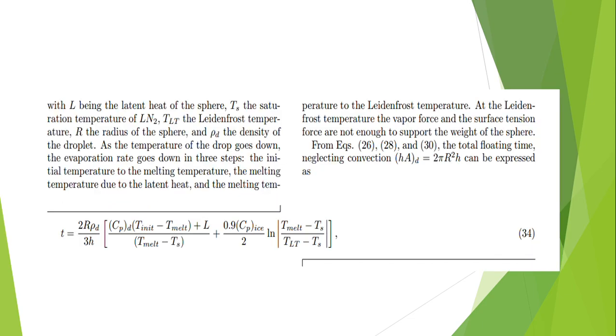That is equation number 33. And at the last we get the equation: T equals 2R rho d over 3H multiplied by Cpd in T initial minus T melt plus L over T melt minus Ts, plus 0.9 Cp ice over 2 ln of T melt minus Ts over TLF minus Ts.